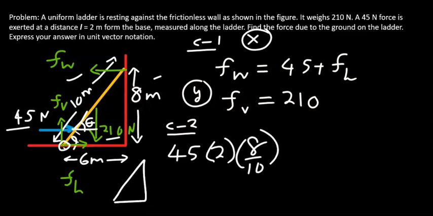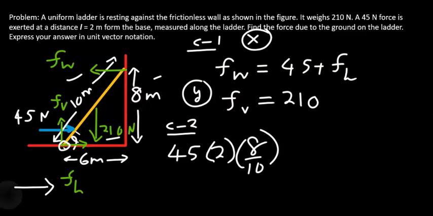Because we have a right angle triangle, this is 6, this is 8, this is 10, and that is theta. Note the force 45 Newton is heading to the right. The moment arm is going like that. So when you curl the fingers of your right hand from moment arm to the force, the thumb is pointing into the board. So the direction of that torque is into the board.